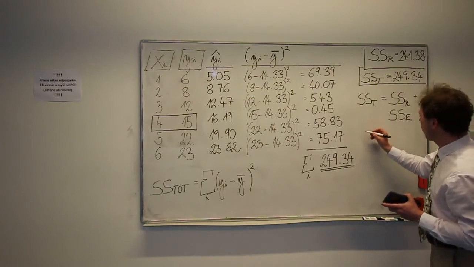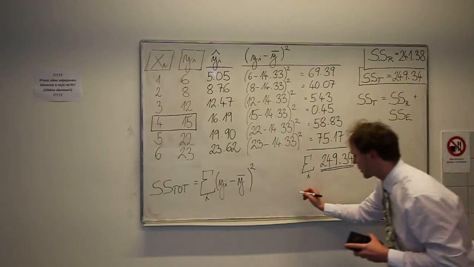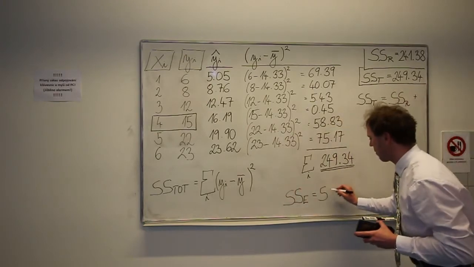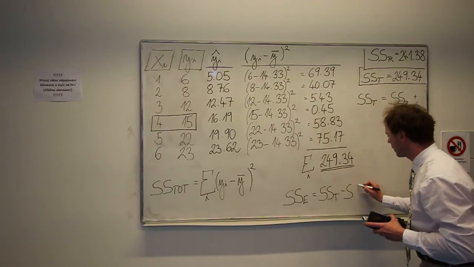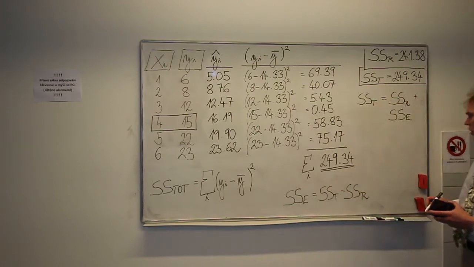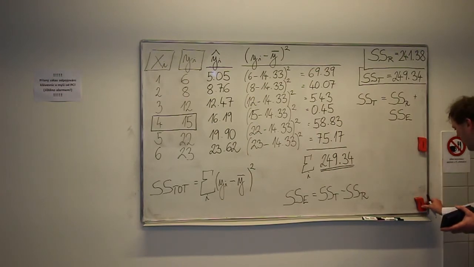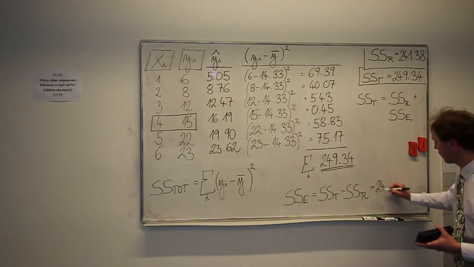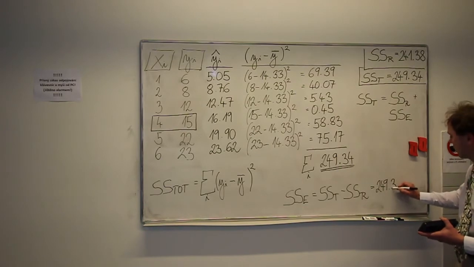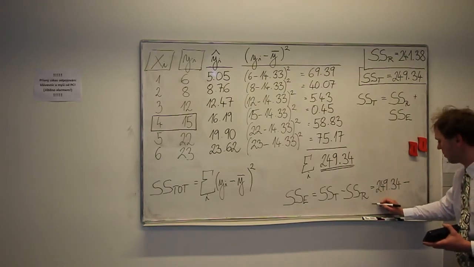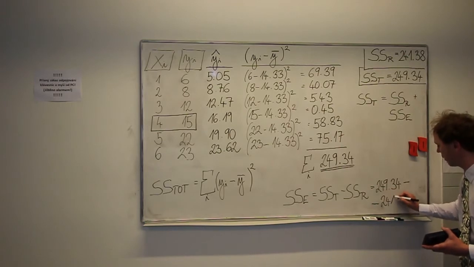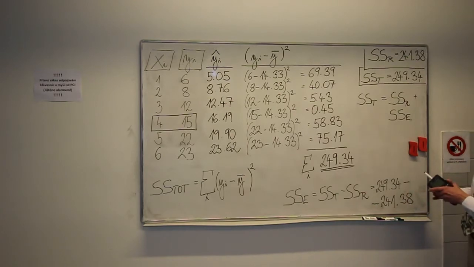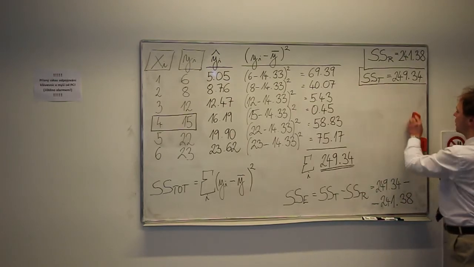I will calculate the sum of squares error as the difference between the sum of squares total and the sum of squares regression. So please calculate the difference: 249.34 minus 241.38.